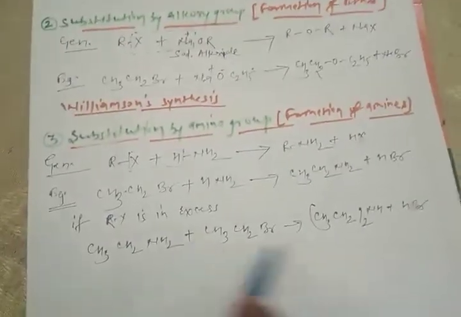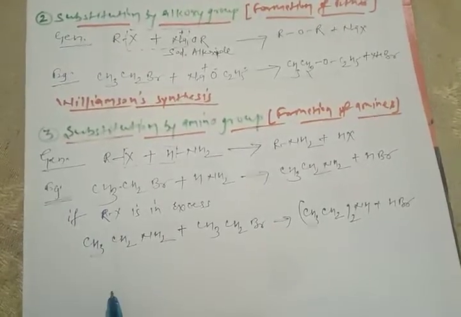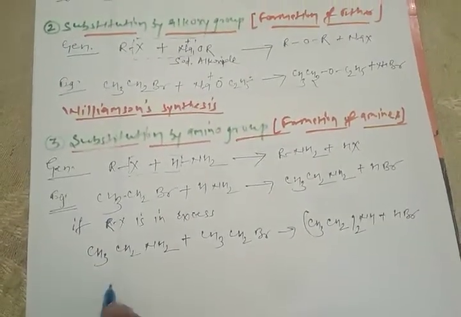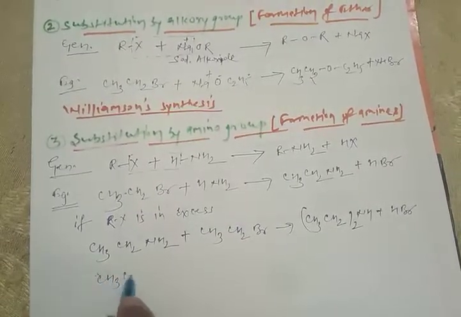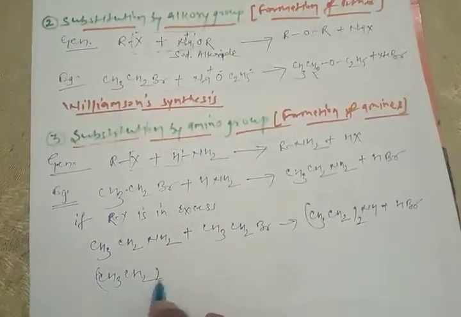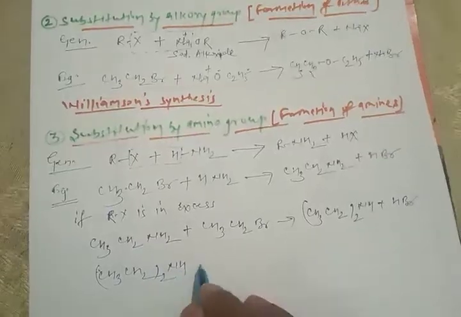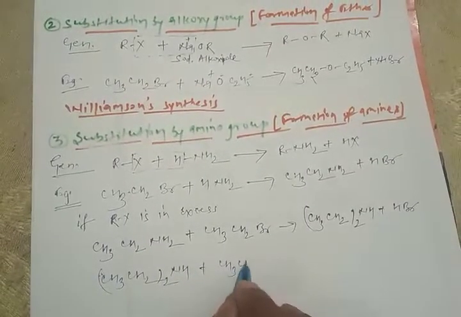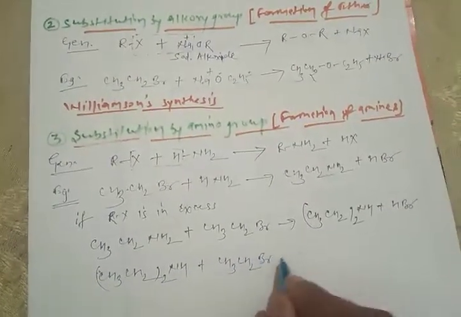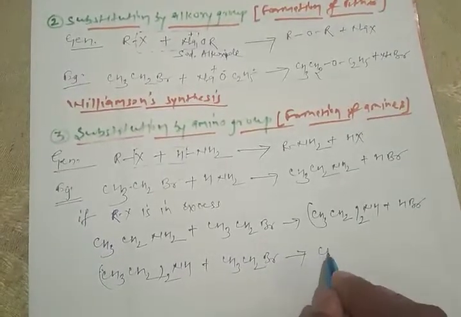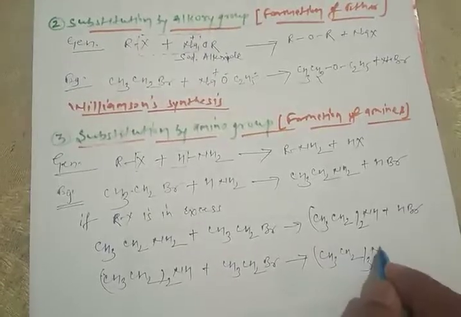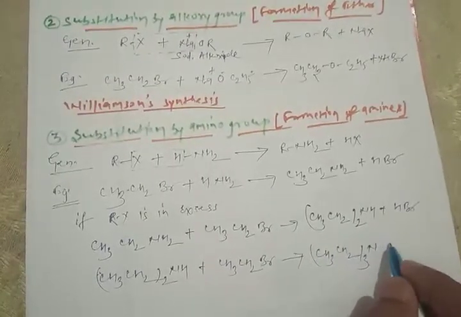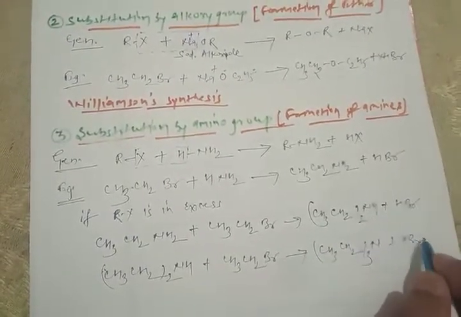Then again we have one more hydrogen, so it will react again. So what will happen here? (CH3CH2)2NH plus CH3CH2Br will give you (CH3CH2)3N and HBr.